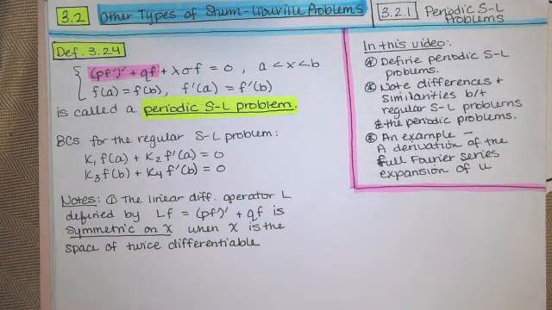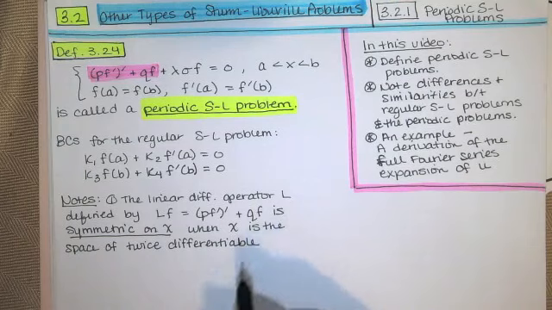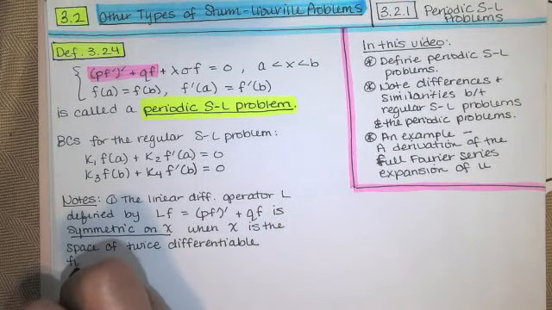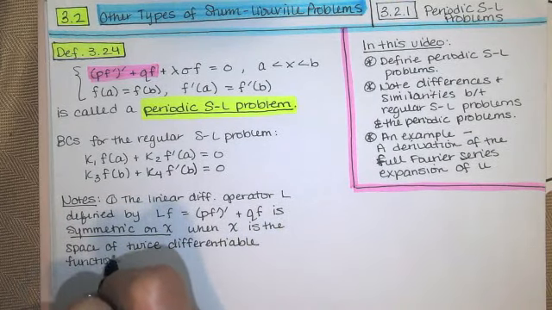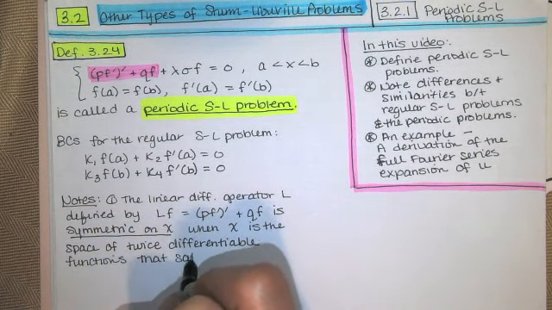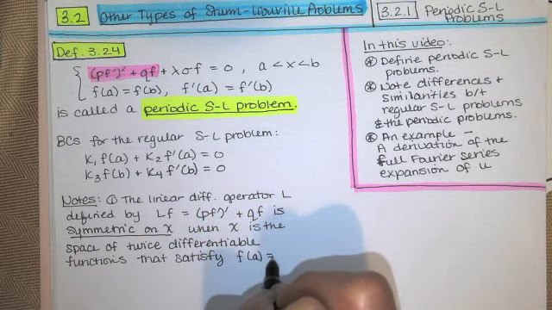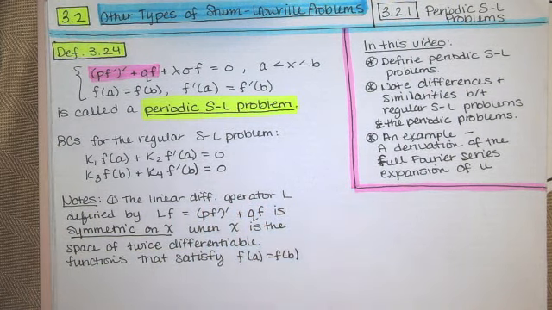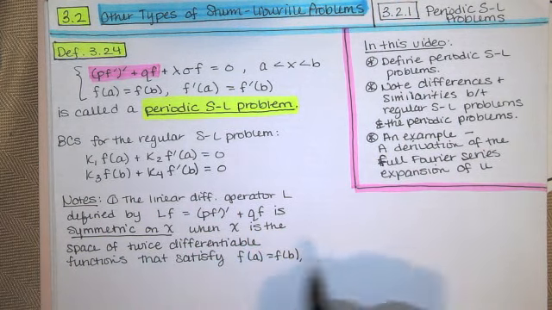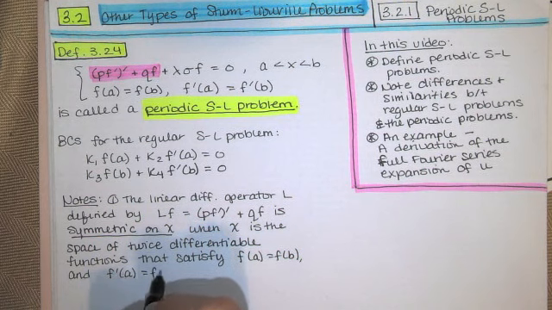I don't think it said continuously differentiable in the text, but it's a space of twice differentiable functions that satisfy the new boundary conditions. So f of a is equal to f of b. So we start and stop at the same function value. And the slope at a is equal to the slope at b.